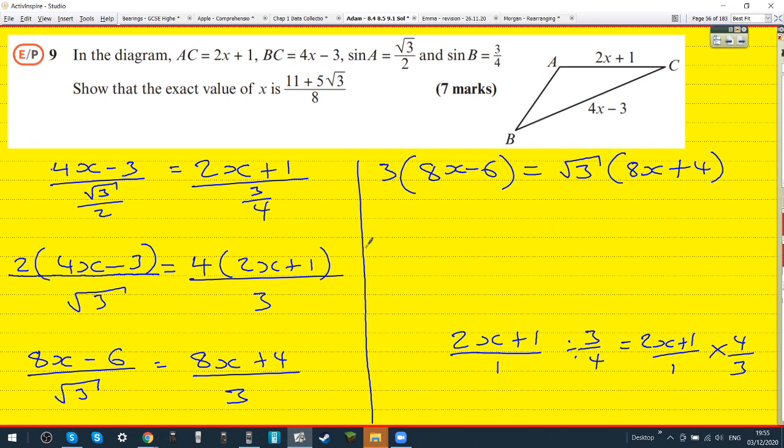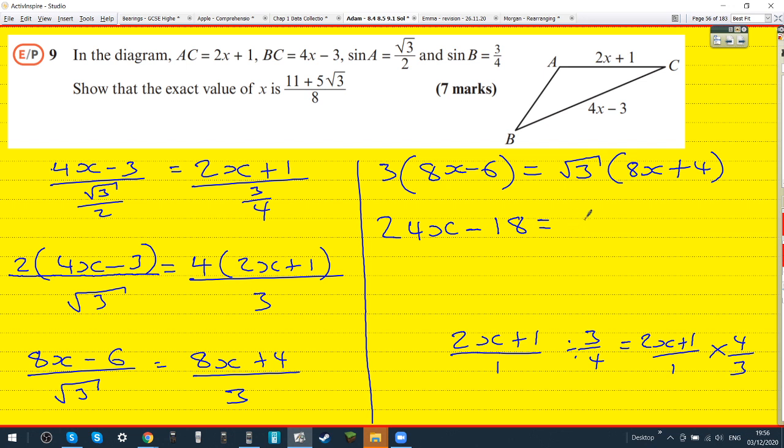Can you work out the left side? It'd be 24x minus 18 equals square root of 3 brackets (8x plus 4).